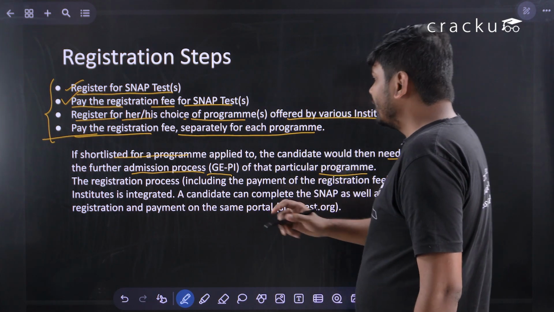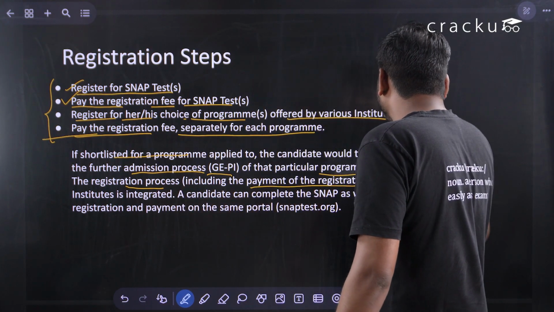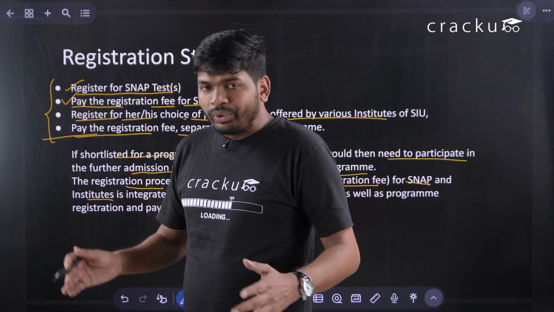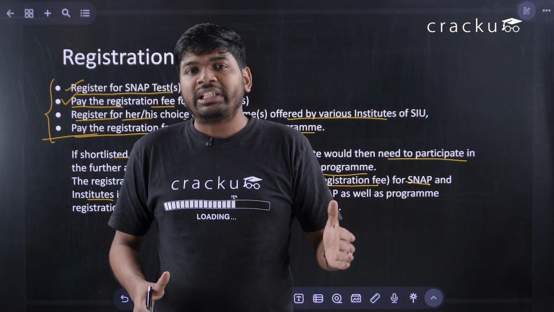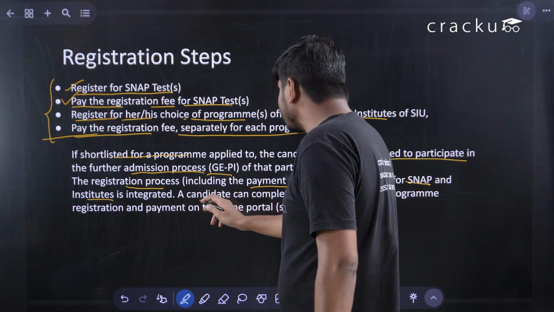The registration process includes the payment of the registration fees for the SNAP exam as well as the institute. So you don't need to go anywhere else. While applying on the SNAP test website, you can directly apply for the college and the programs.